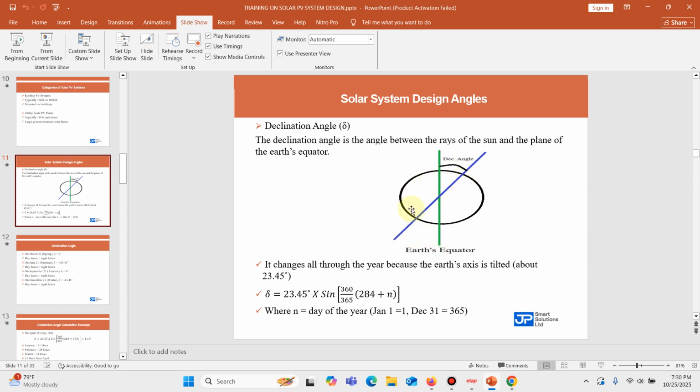So while moving anti-clockwise, we now move to this direction, the sun rays coming. So remember, we started from this position, we moved over here, and we came down here, and we come back to the original position, which this diagram is, where we have negative 23.45.